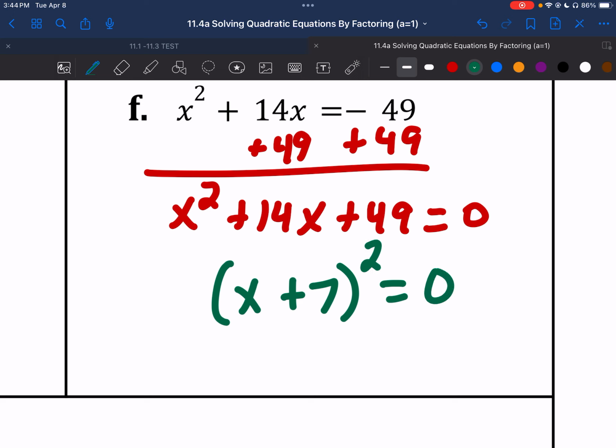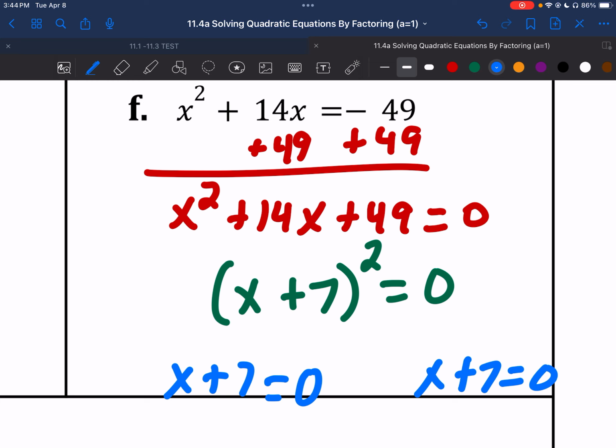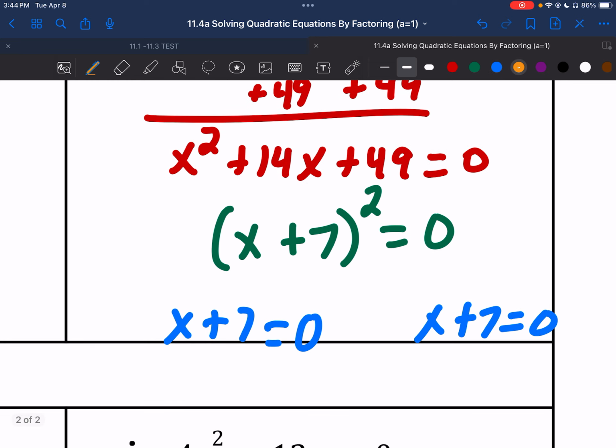So do I need to list this twice? Do I need to list x plus 7 equals 0 and then x plus 7 equals 0? No, that's foolishness. You just need to list it once because there's only one solution for this. You subtract 7 from both sides and x equals negative 7. That's your answer.